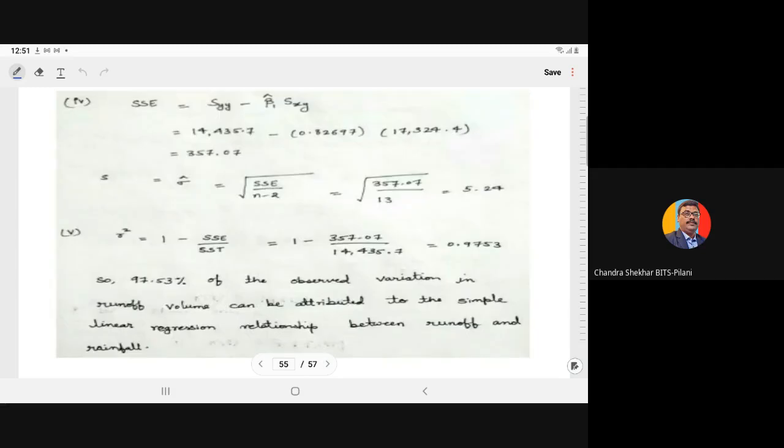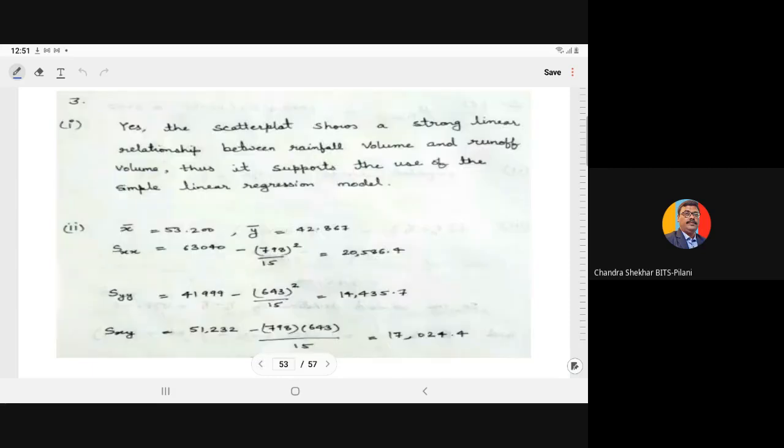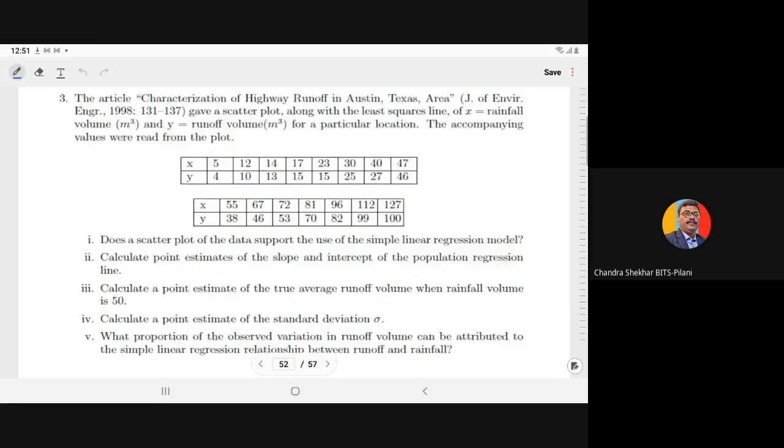Then we have to compute, in the fourth part, the point estimate of the standard deviation sigma, meaning you have to compute what you can call the standard error.